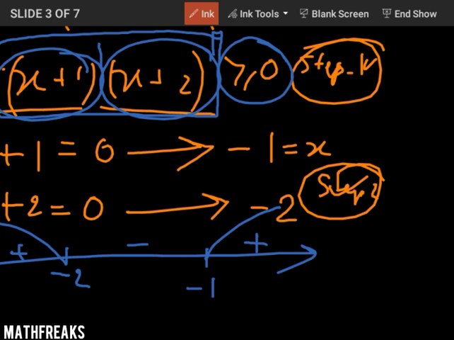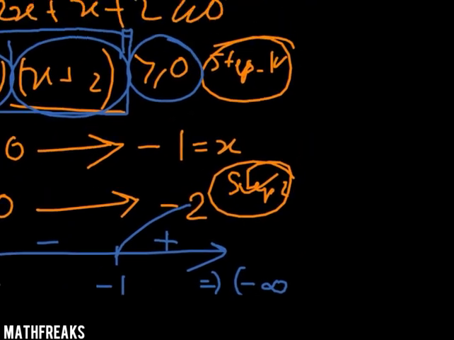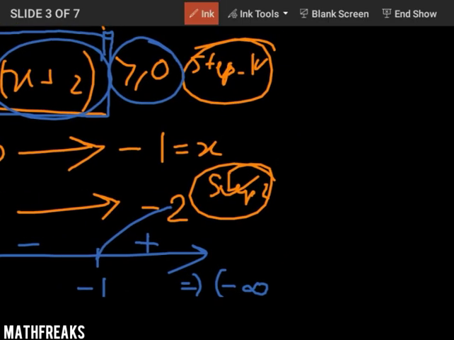So how will you write the set of solution? You can write it as minus infinity, because we can never include minus infinity or infinity. So the solution will be minus infinity comma -2, closed bracket, this time included, union, again included, -1 comma infinity, open.